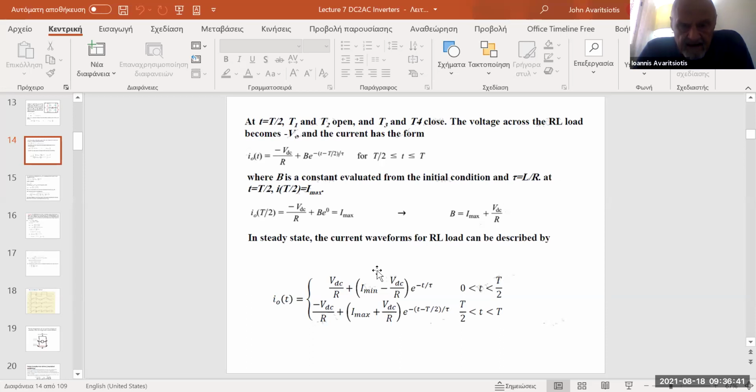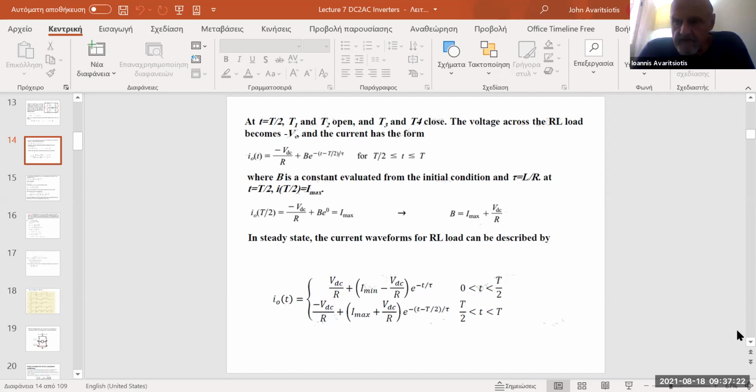But you see that in both cases, both in the first half of the period and in the second half of the period, the equations which show us how the load current varies with time both contain an exponential term, this one here. An exponential term which depends on the time and depends on the value of the time constant tau.